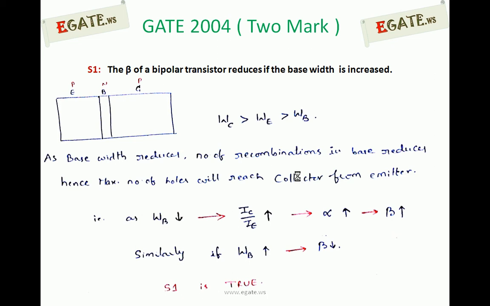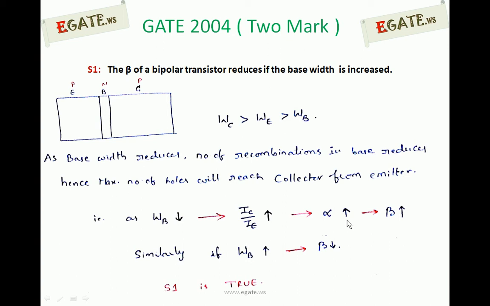Now look at this. As WB, the width of base, reduces, the number of recombinations in the base reduces. So maximum holes from the emitter will reach the collector. So collector current is approximately equal to IE, and the ratio IC by IE increases. IC by IE is alpha, the common base DC current gain.